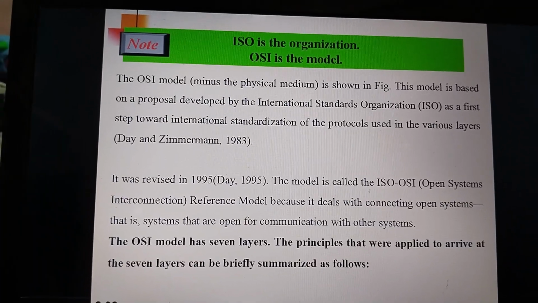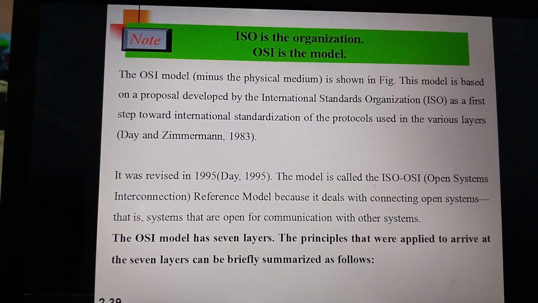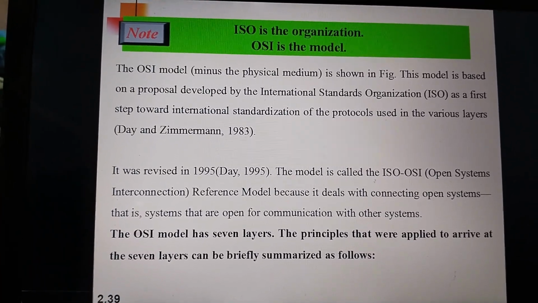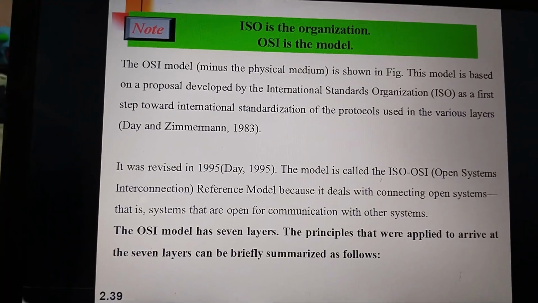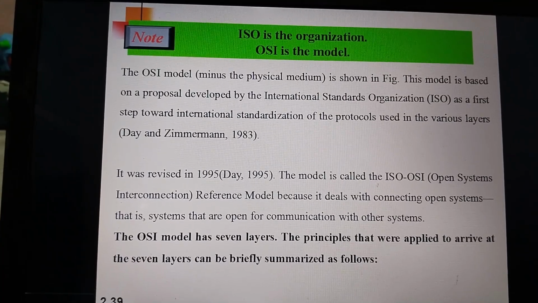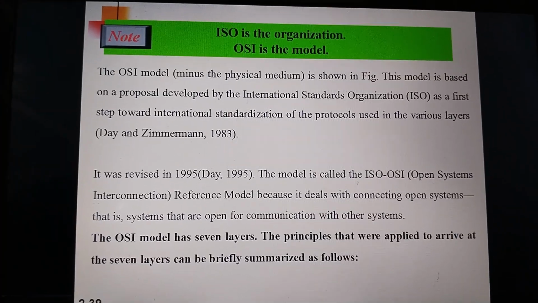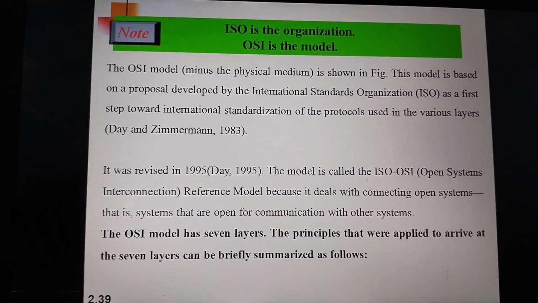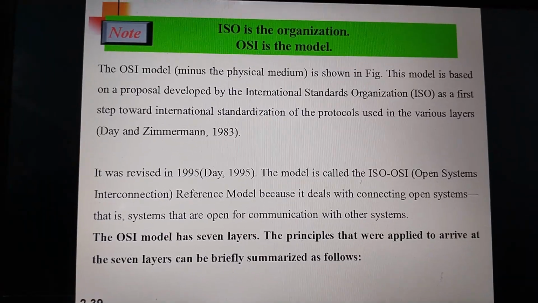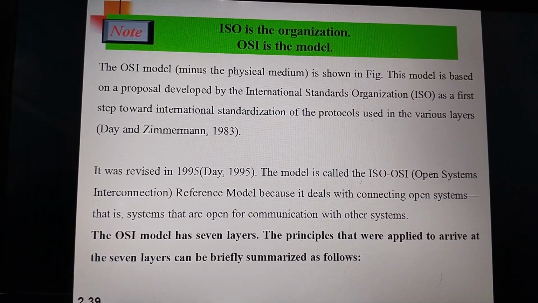What is the meaning of OSI model? It means open system interconnection. This model was developed in the 1970s. The OSI model was first introduced in 1970. The OSI model contains a total of 7 layers.